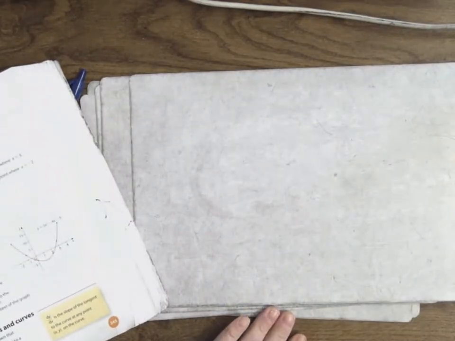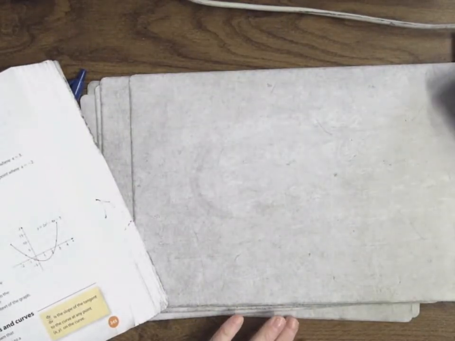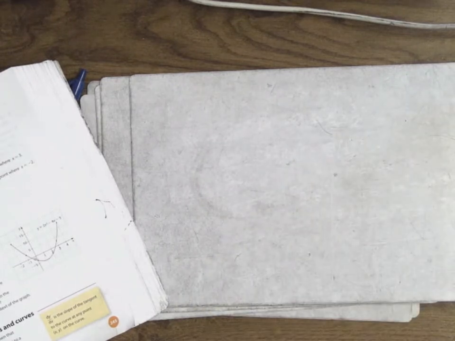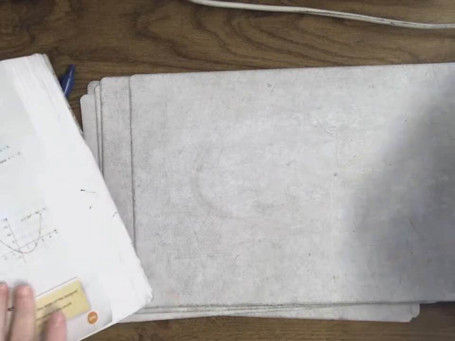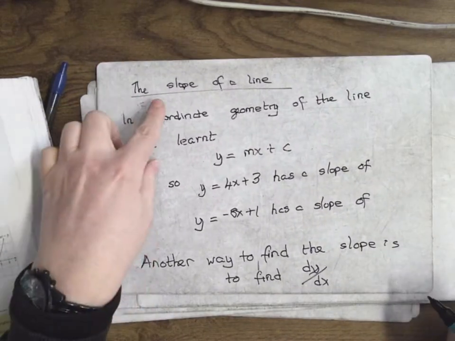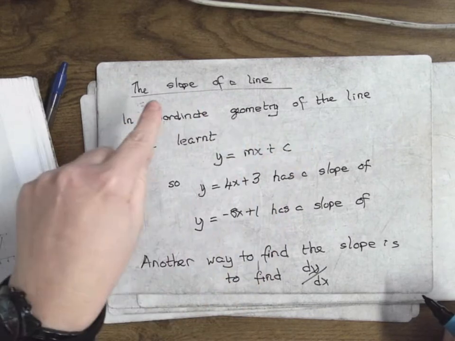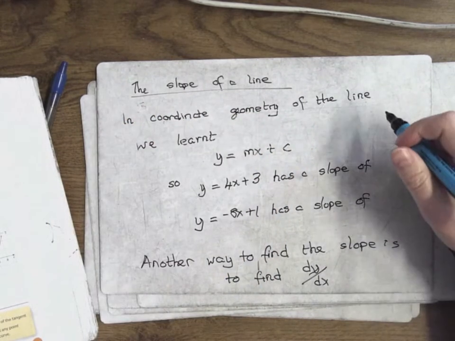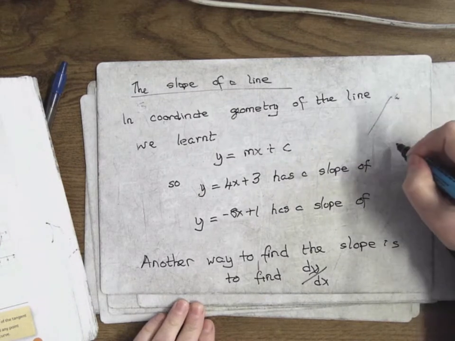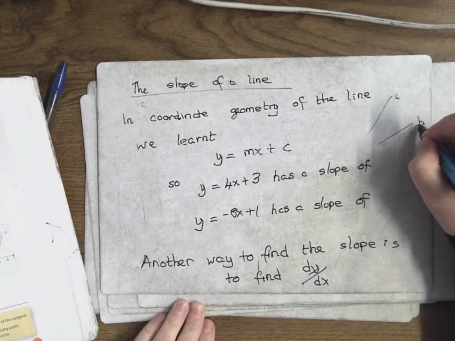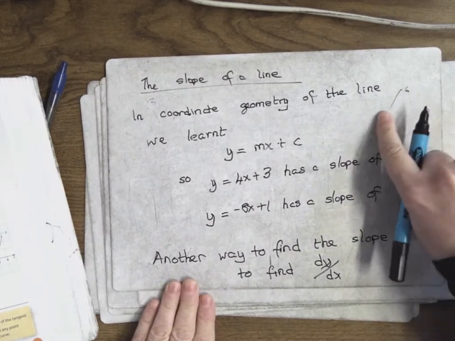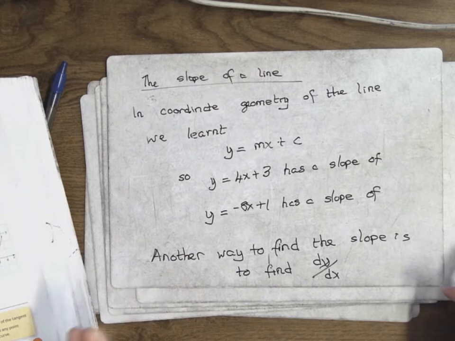At the start of the week, I said I'm going to show you how, and by the end of the week I'll tell you why. So this is why. When we were doing coordinate geometry of the line, we talked about the slope of the line, which is how steep it is. If you have a line A and a line B, A obviously has a bigger slope because it's steeper.